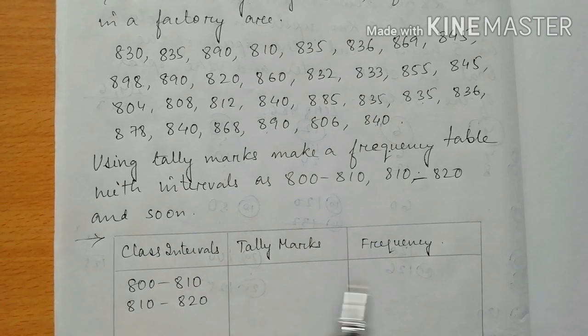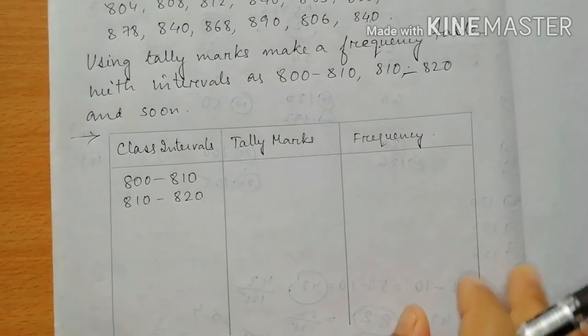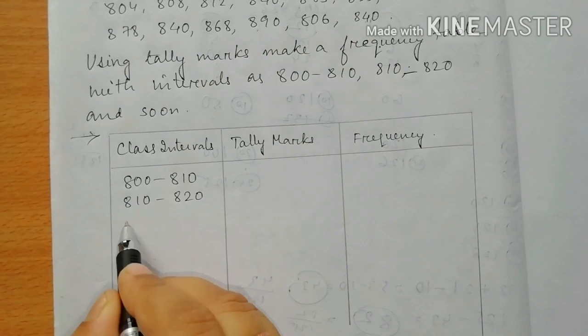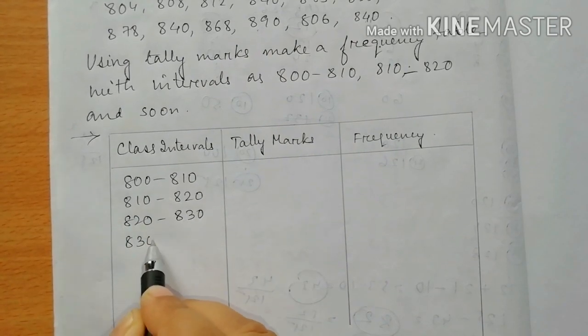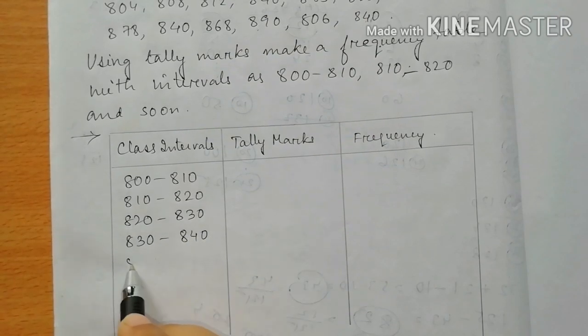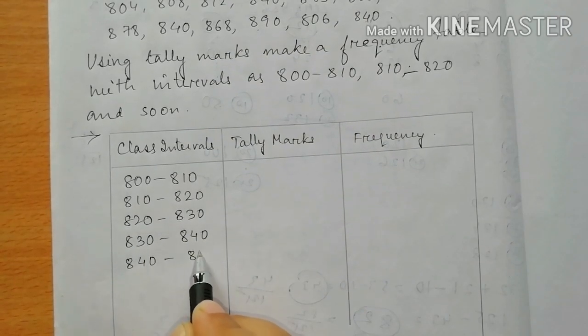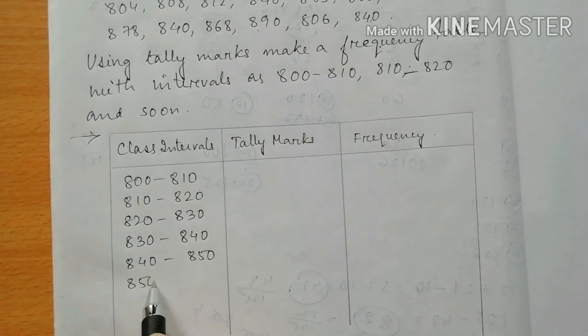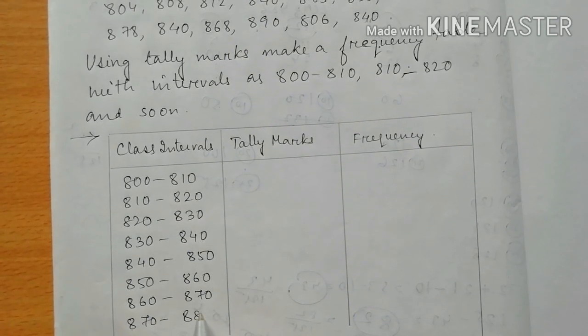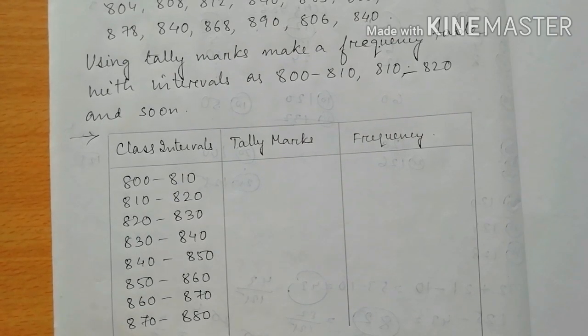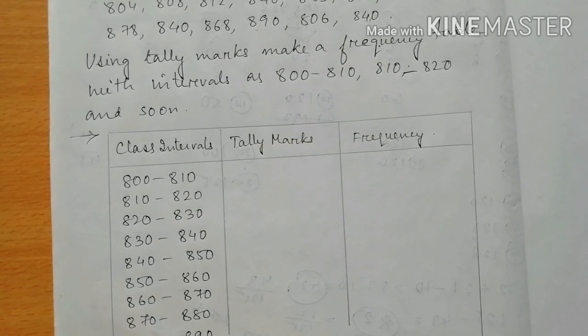Accordingly we are going to find out the class intervals: 820 to 830, 830 to 840, 840 to 850, 850 to 860, 860 to 870, 870 to 880, 880 to 890, and 890 to 900.